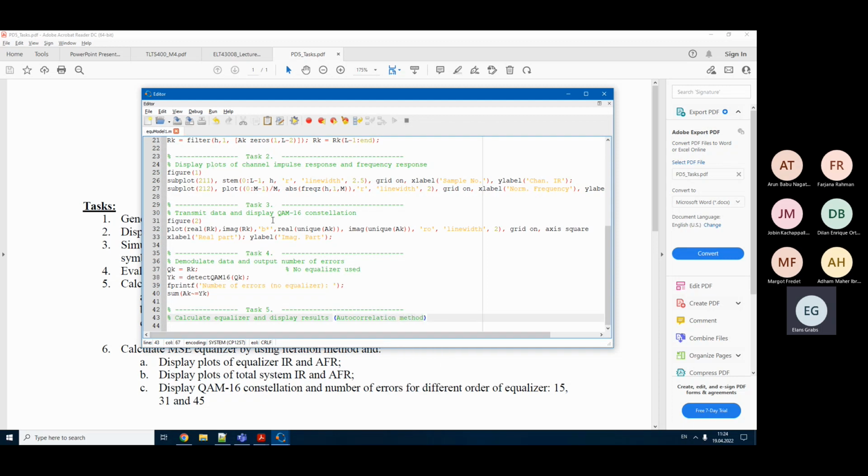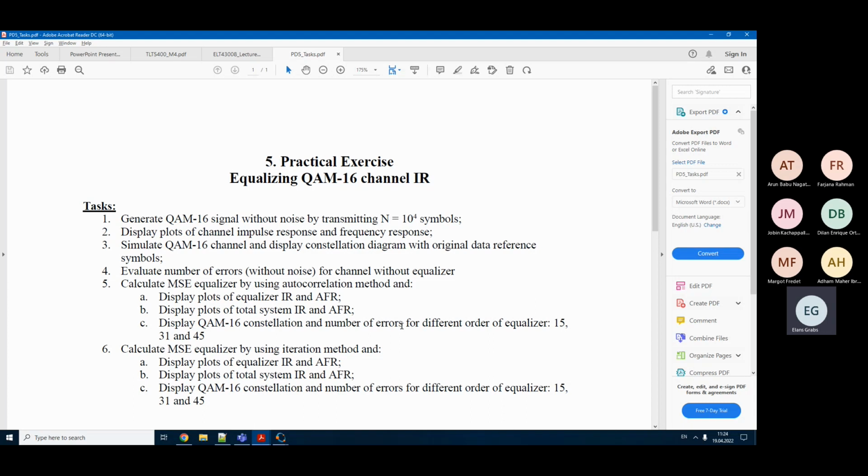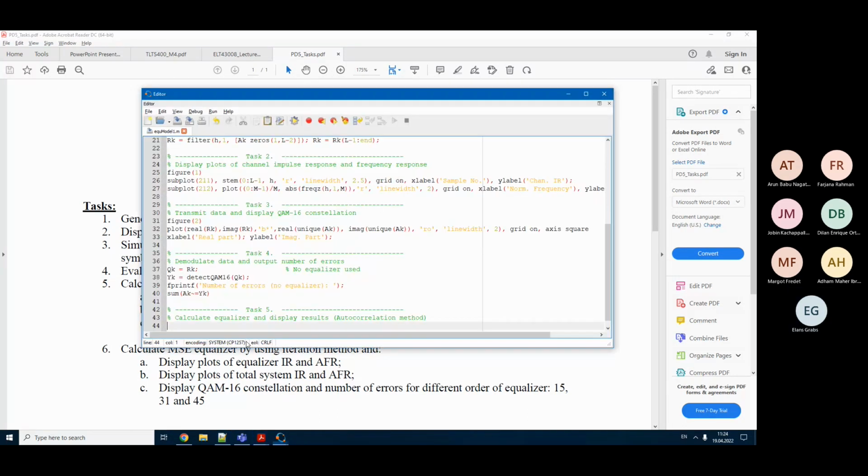Similarly, I'm going to save a copy of this file, and this is going to be equi-model2, where I'm going to make the equalizer with the iterations method by modifying this file. So first of all, I need to specify the number of equalizer order. Yes, so that is 15, 31, and 45.